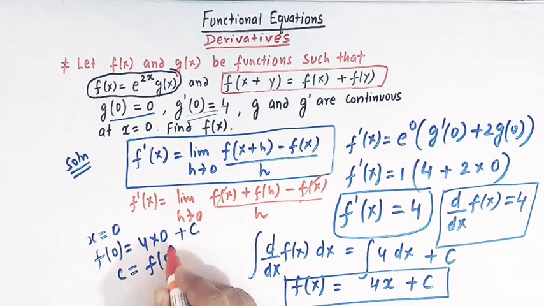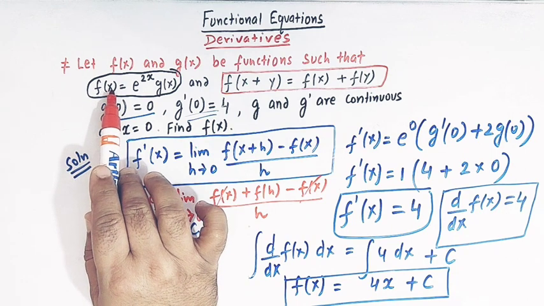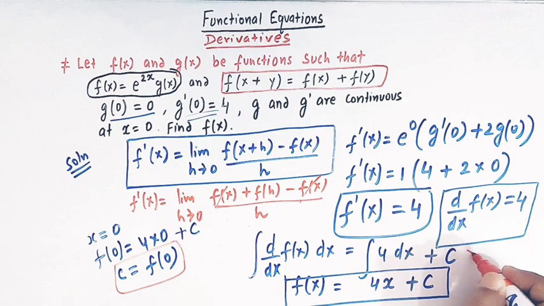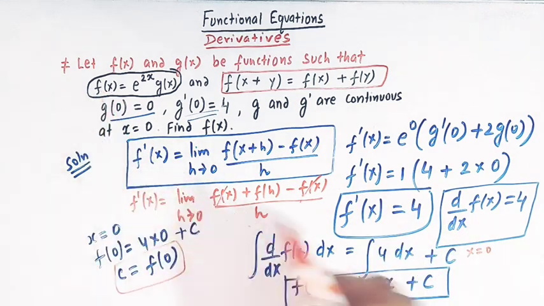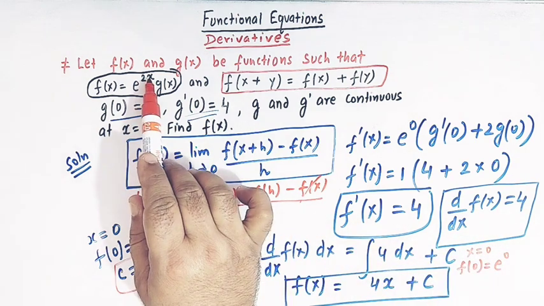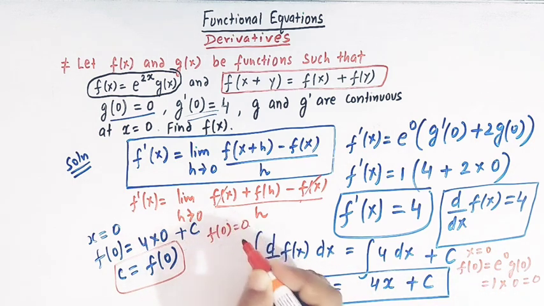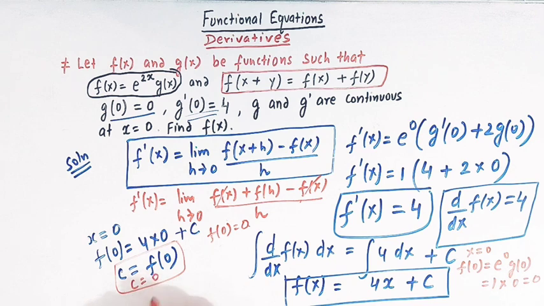So our constant of integration is equal to f of 0, and f of 0 can be obtained by taking x equal to 0 in this equation, right? So for x equal to 0, we have f of 0 equal to e raised to 0, because 2 times 0 is 0, times g of 0, right? E raised to 0 is 1, g of 0 is 0, so 1 times 0 is 0. So f of 0 is equal to 0. So the value of c is equal to 0.